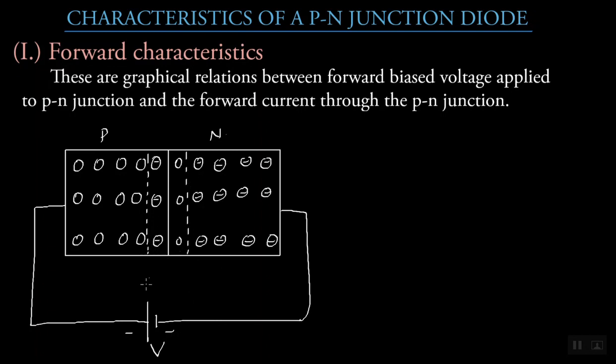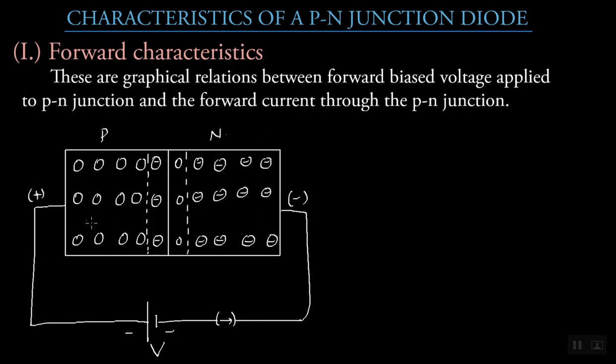Have a look here. As soon as I plug in the key, I am applying a negative potential on the N side and a positive potential on the P side. Got it? So what will happen?